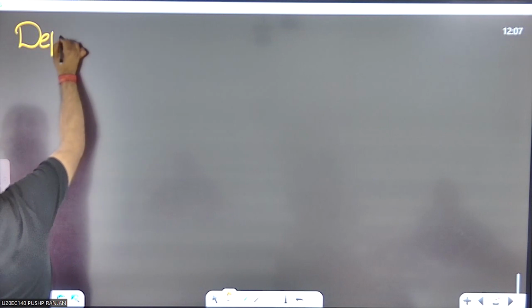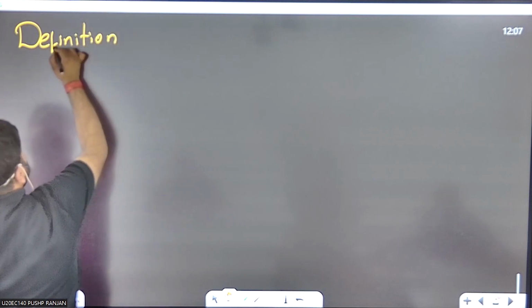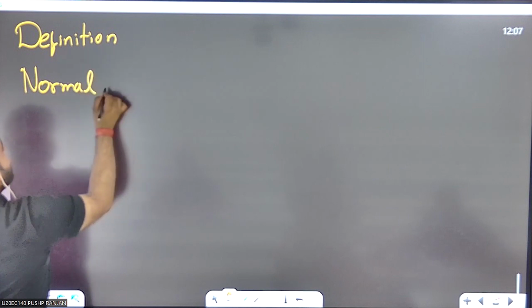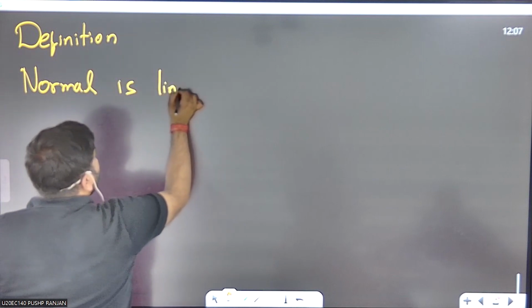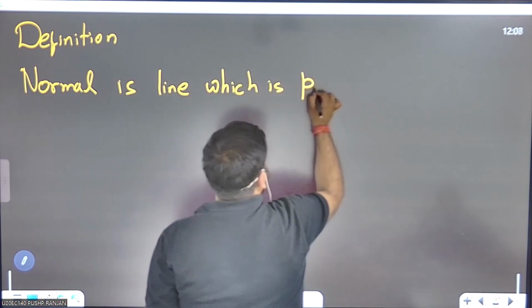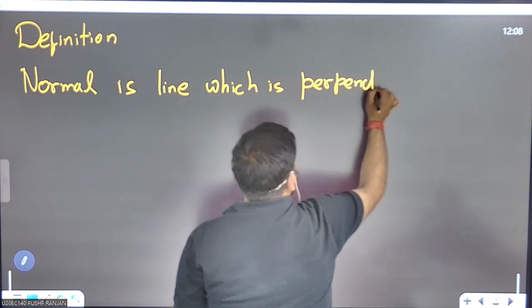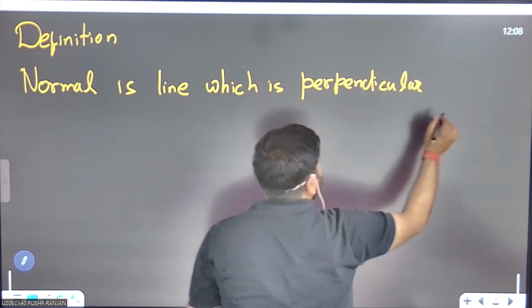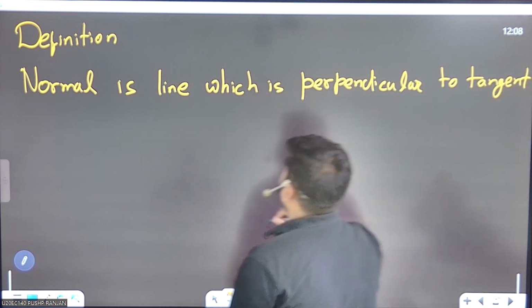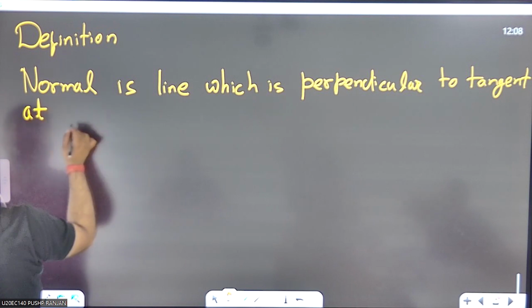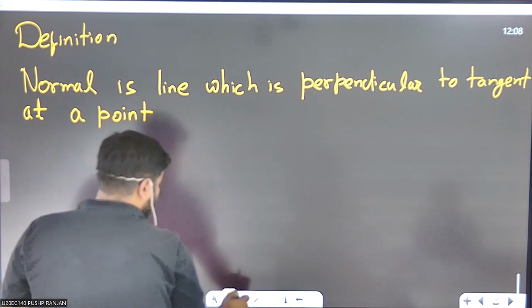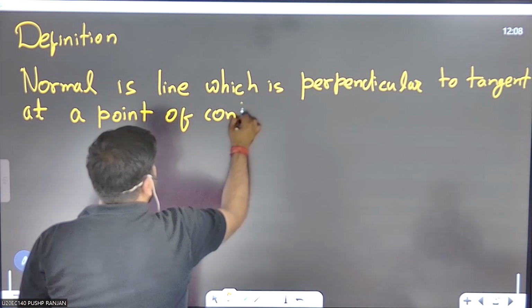Definition: normal is the line which is perpendicular to tangent at the point of contact.